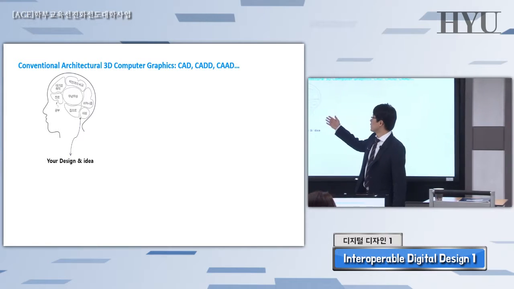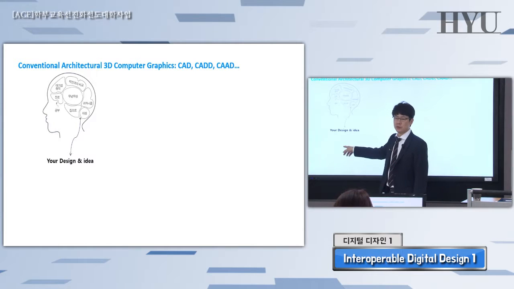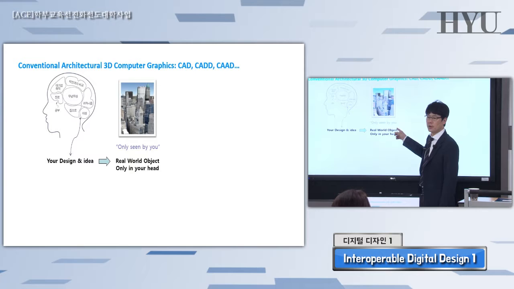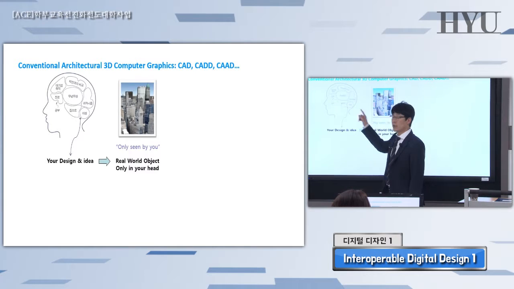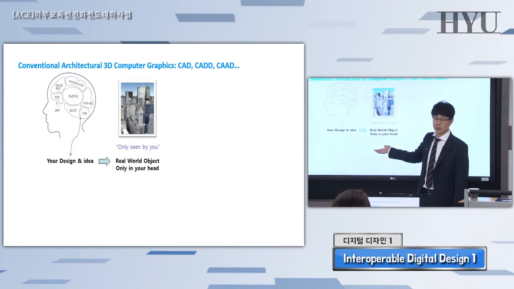In the human brain, some design idea, concept, totally new, or something blended, something challenging, something really creative, can be brought up. They can be visualized so far only in that human, okay? Only for that person, only in his or her brain, okay?